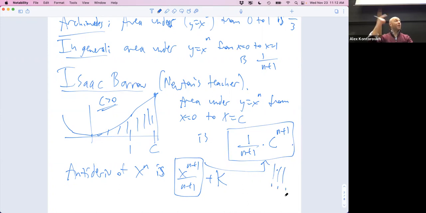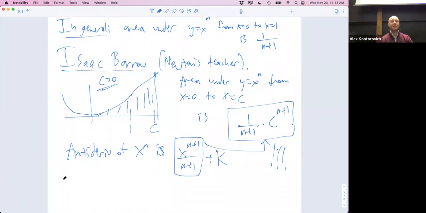This thing that we talked about on the very first class, that differentiation and area are opposites. Finding the area under a curve and finding a tangent line are somehow opposite to one another. And it's not until Newton. So, by the way, this is like 1665-ish. He's supposed to be at Cambridge.